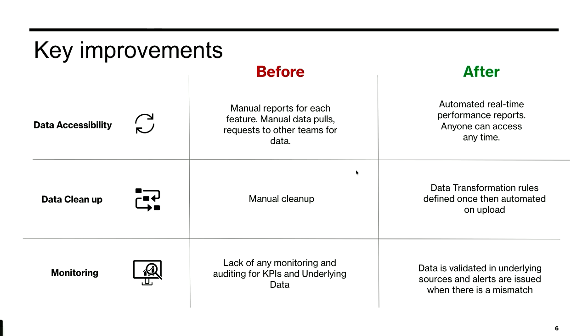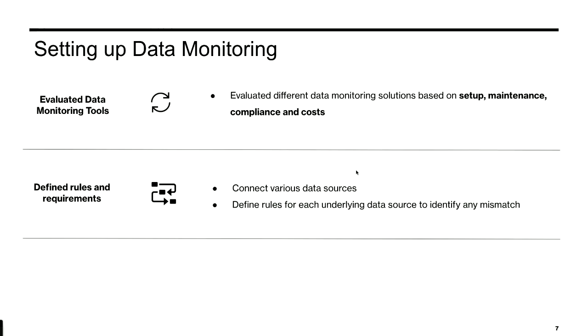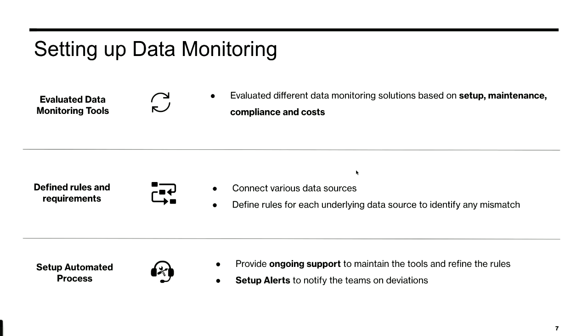And once you have this data, there are always quality issues. So how do you monitor the quality of data? How do you clean the data as well? You have to ensure you set up automated processes. These are some of the ways I was able to automate some of these things. There are so many data monitoring tools available.